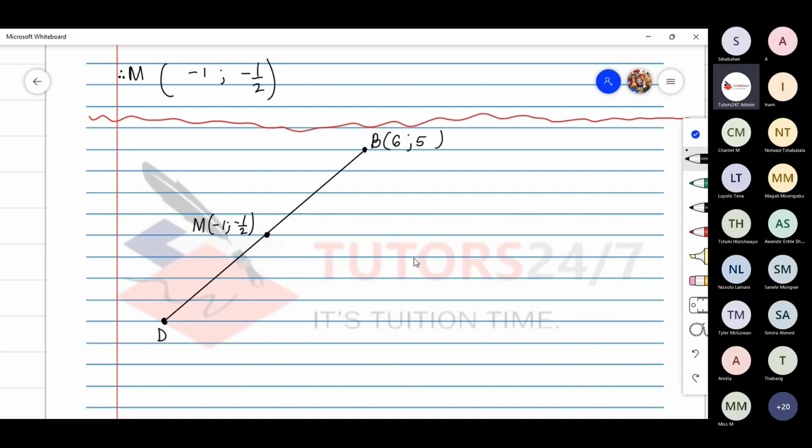Now, how do we find the coordinates of D, taking into consideration M as the midpoint? So let's just make a note. This is midpoint. So all we would need to do is write out our midpoint formula.